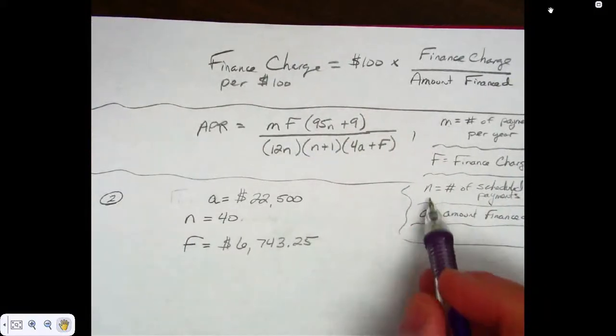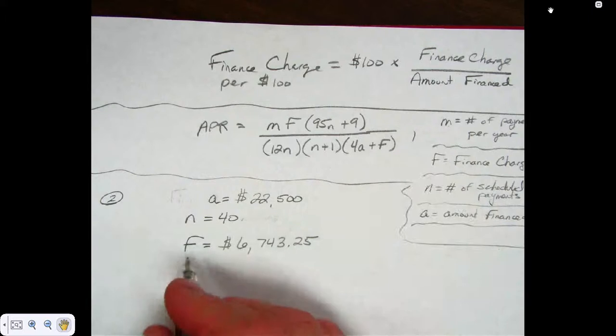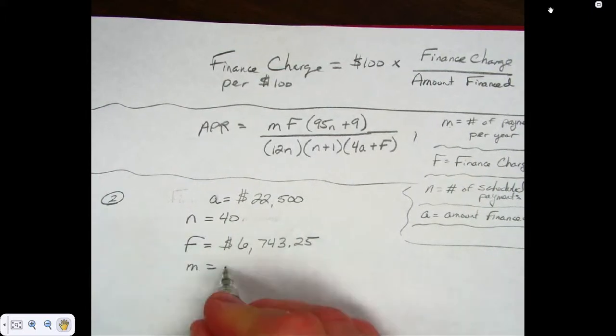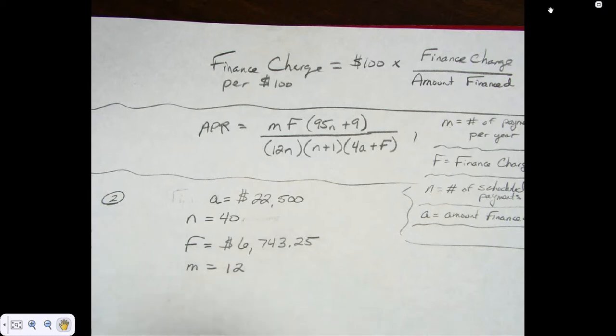So I've got A, I've got N, I've got F, and now all I need is M, the number of payments per year. How many payments are we going to make in a year? 12.